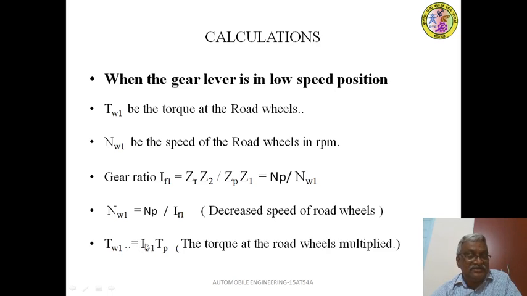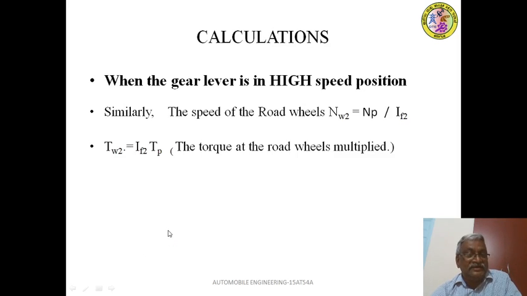Similarly, we are going to get increased torque at the road wheels. And again, when the driver shifts the gear lever to high speed position, we are going to get the second set of speeds and the second set of torque.